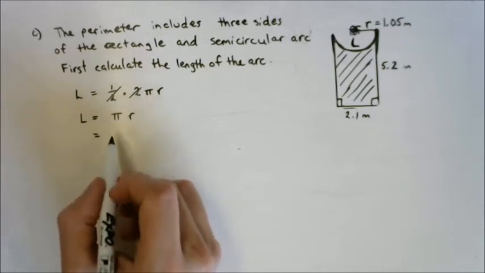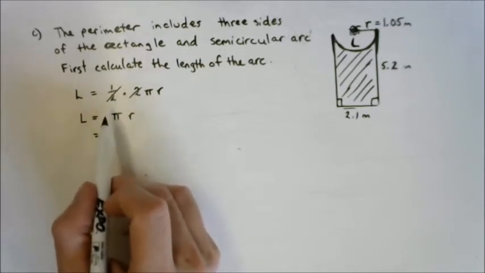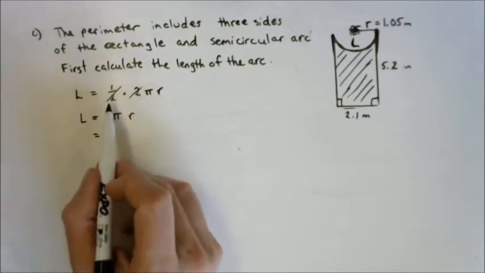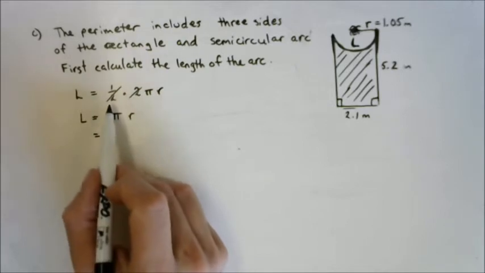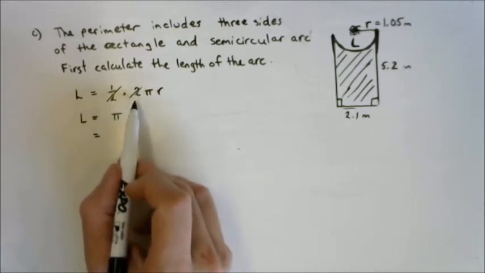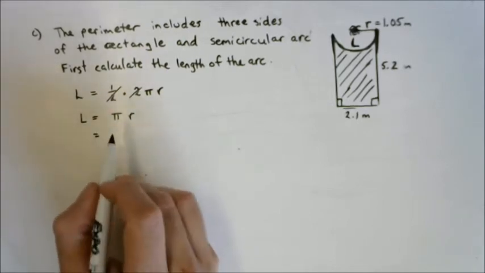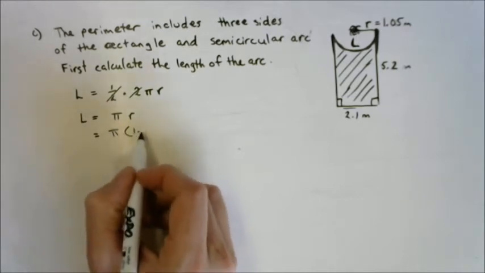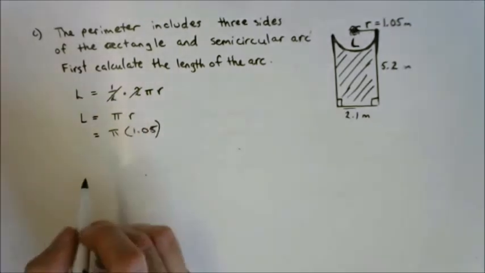How did that happen? Half times 2, or 2 divided by 2, is 1. So here we have pi times r. R we decided is 1.05. We did that in our previous section.